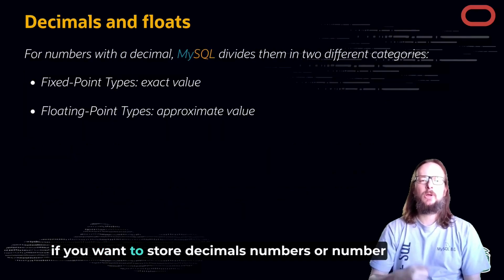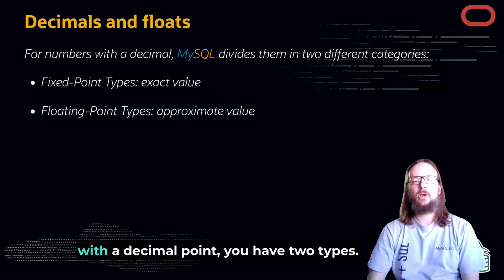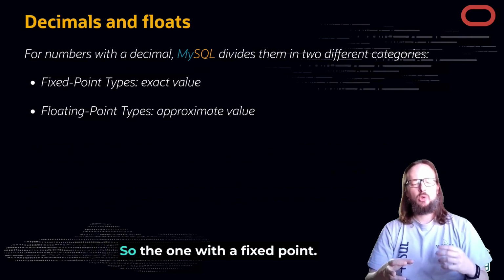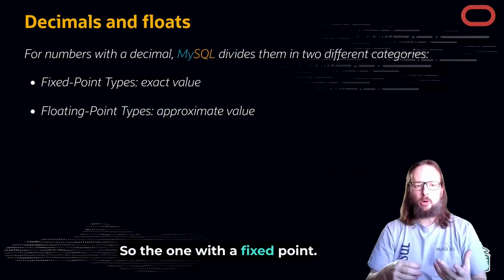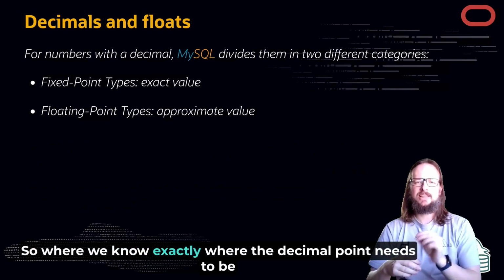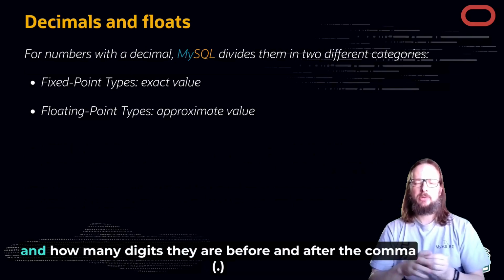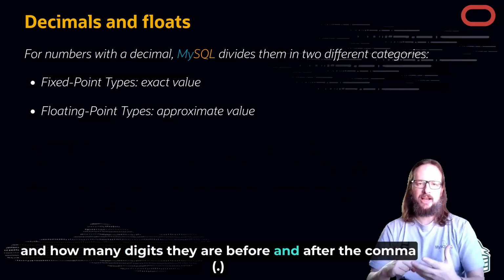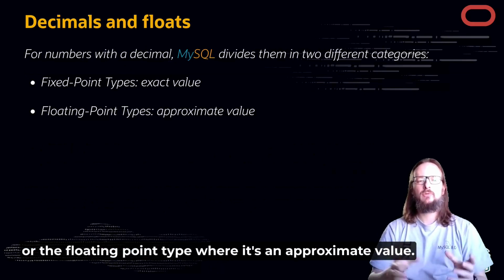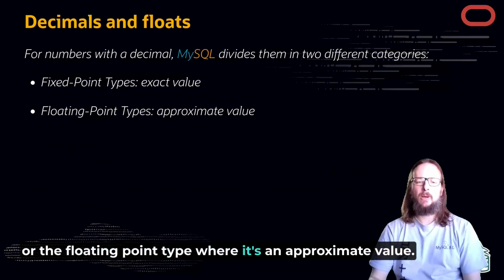Now, if you want to store decimals, or numbers with a decimal point, you have two types. The one with a fixed point, where we know exactly where the decimal point needs to be and how many digits there are before and after the decimal point, or the floating point type where it's an approximate value.